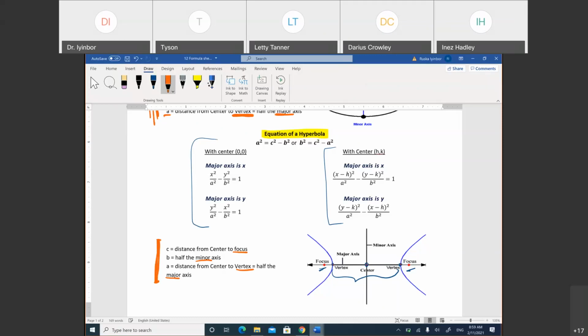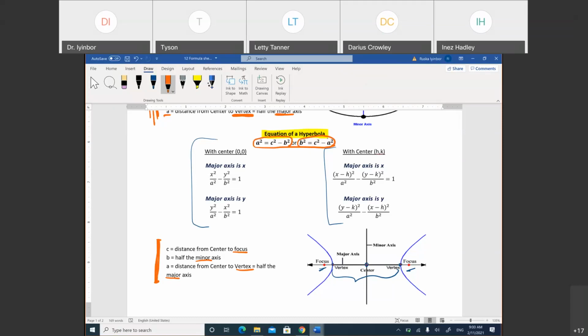Now, when you have given A and C, for example, and you have to find B, you're going to use one of these formulas. So the formula for a squared for hyperbola is different than ellipse. So these equations are different.